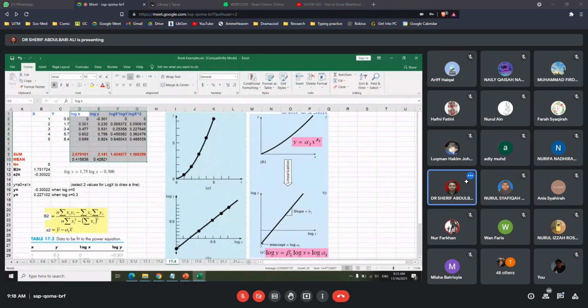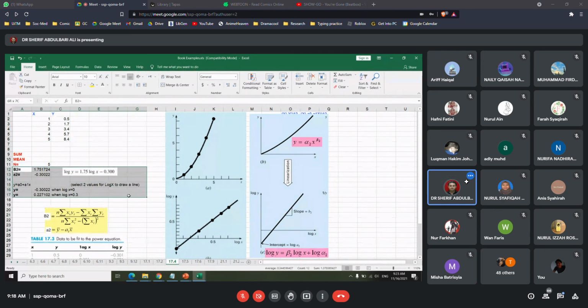Okay, let me hide this first. When the question is coming, you're having two values, x and y. I have 5 values, so n is equal to 5.